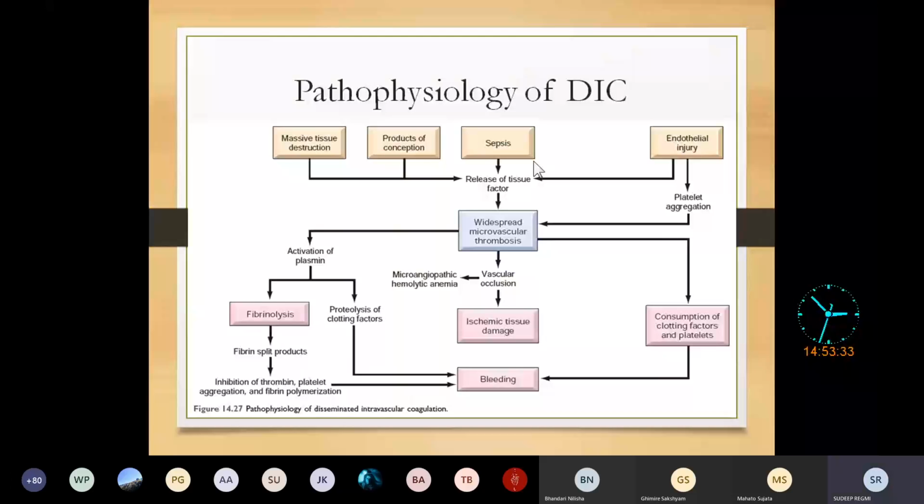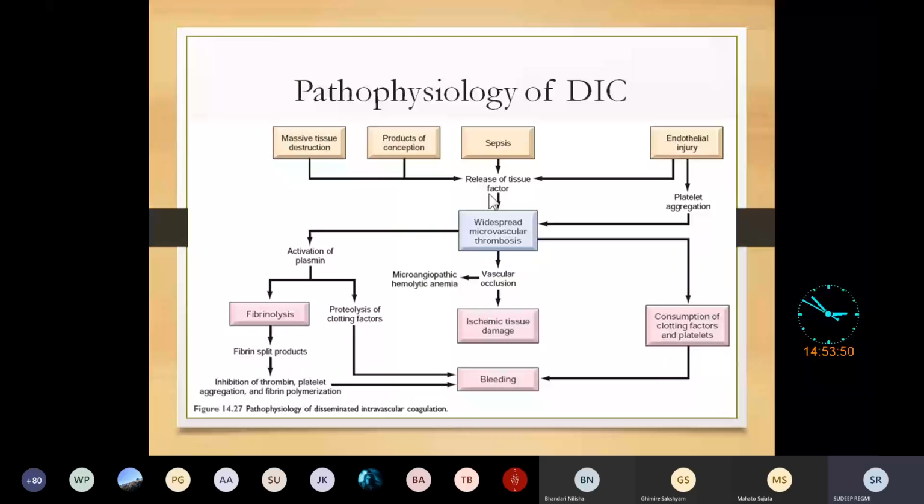And then what happens? There will be widespread microvascular thrombosis leading to vascular occlusion and ischemic tissue damage, along with microangiopathic hemolytic anemia. And then there will be consumption of the clotting factors and the platelets because of this widespread microvascular thrombosis.